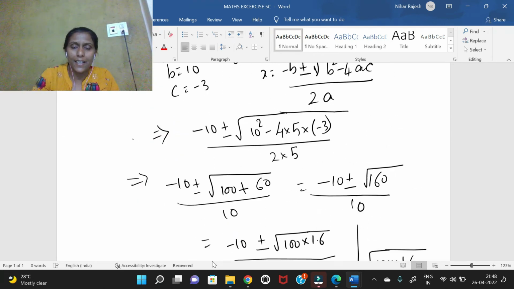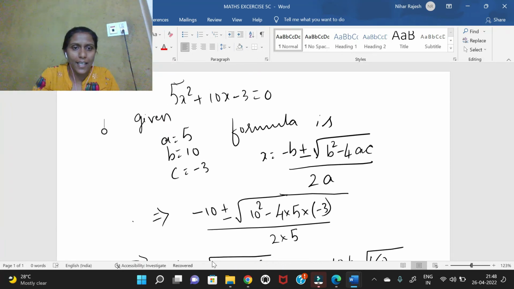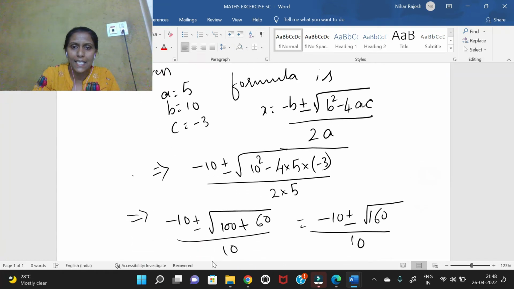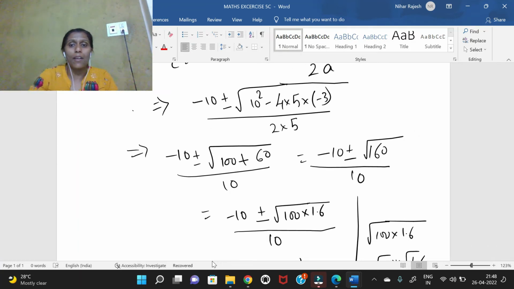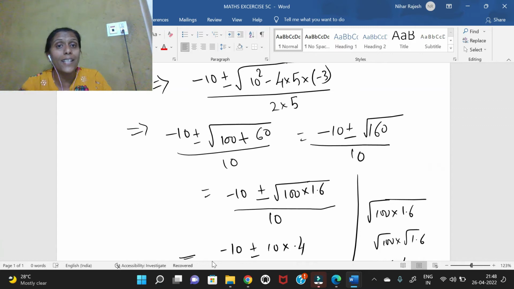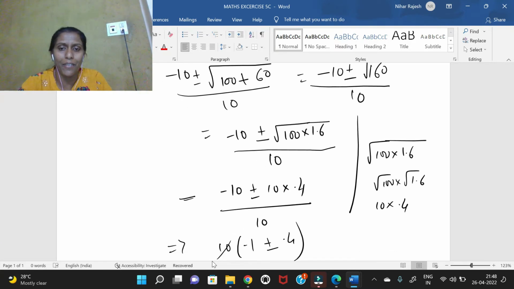So what we did here is we just directly applied the formula. We got A, B and C, and then substitution. It gave us root of 160, and then we tried taking 10 out so that we can just delete 10 from this entire equation. For 160, we found the square root, which is 10 into 0.4.